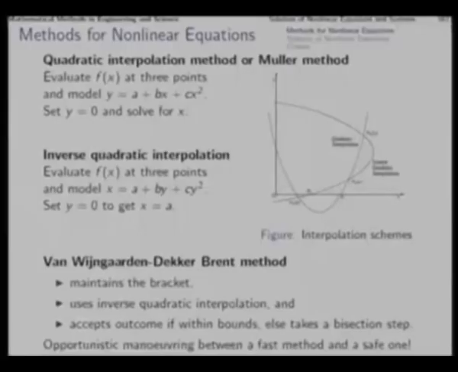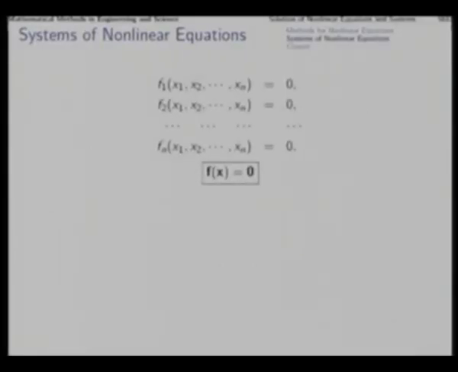Now, we proceed to the system of nonlinear equations. If you have got a number of equations in a number of unknowns, then concisely this system can be written like this, where f is a vector function of a vector variable x.